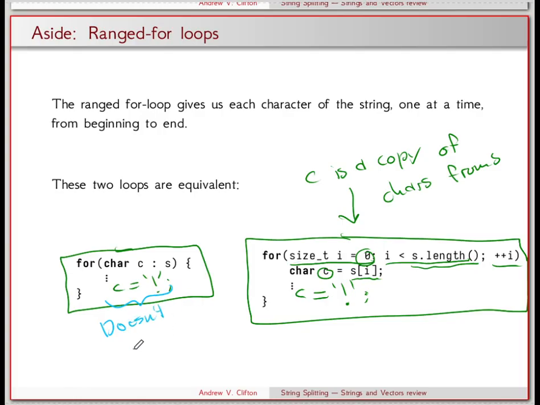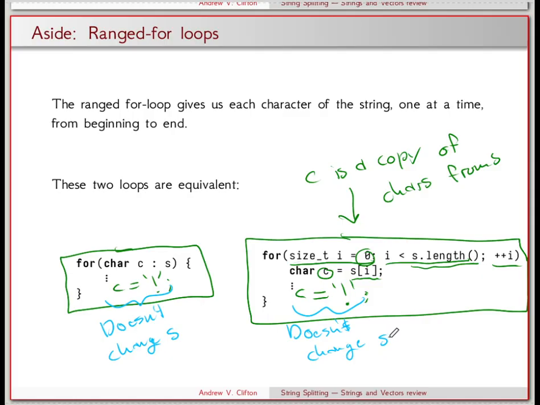So we can't just modify c and have it modify the characters in the original string. There is a way to do a ranged for loop where changing c does change the characters in the original string. But again, we made that const promise that we're not going to change the characters in the original string.